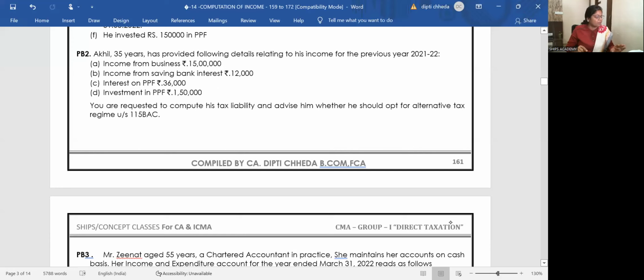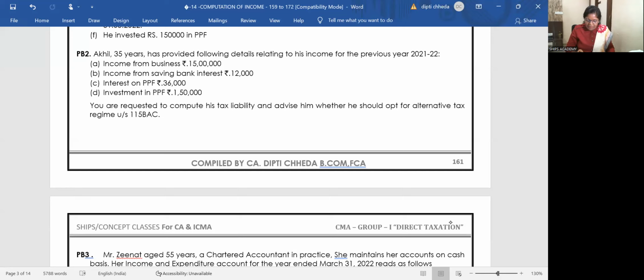Let us take up the first, most beautiful and small problem, the second problem. Let us start with this. Akhil, 35 years, has provided details relating to 21-22. Income from business is given.